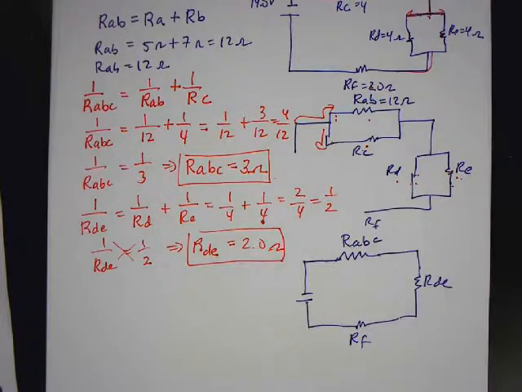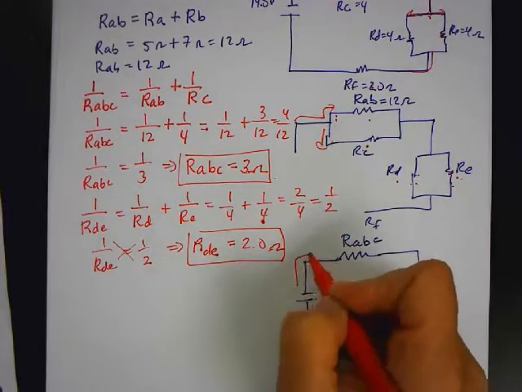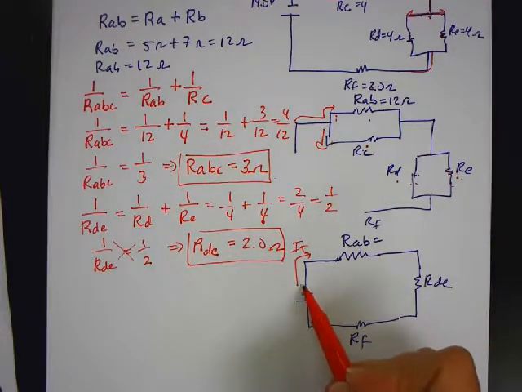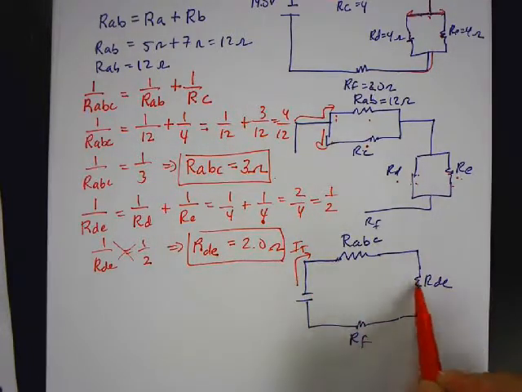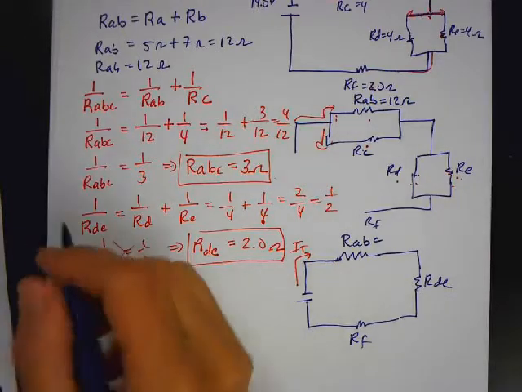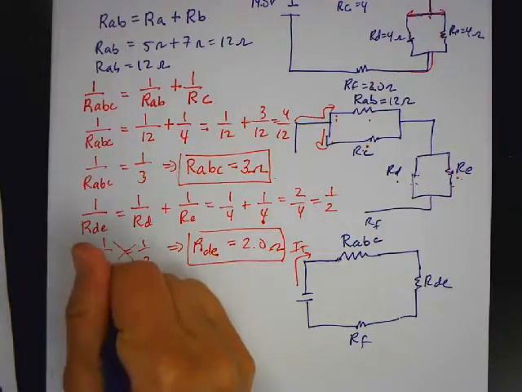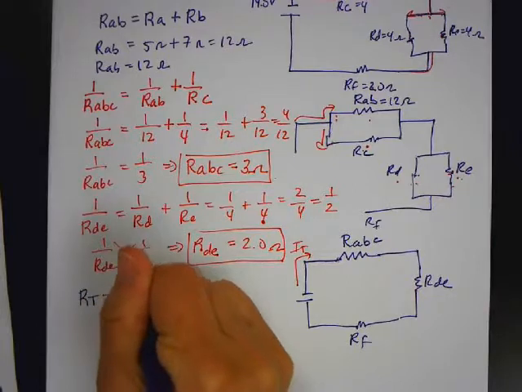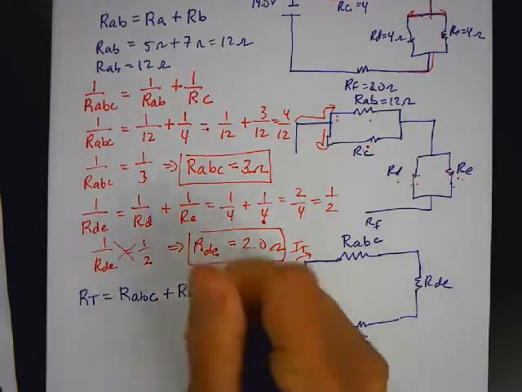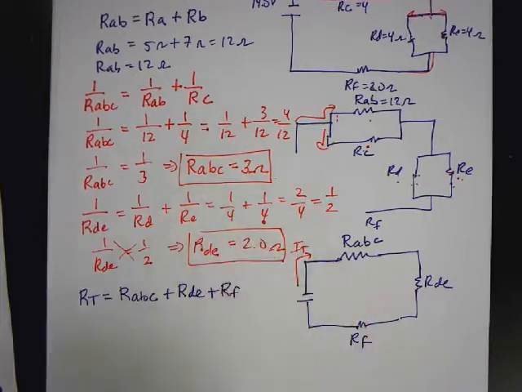Now, what do I have here? I have 3 resistors. There's current coming out of this battery. The total current's going through here, through here, through here. So there's only one path for it to take, which means the resistors are in series. So now, if I want to find RT, RT is equal to RABC plus RDE plus RF.